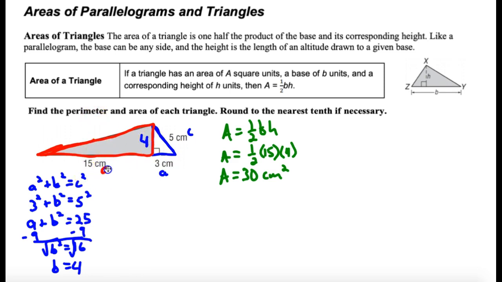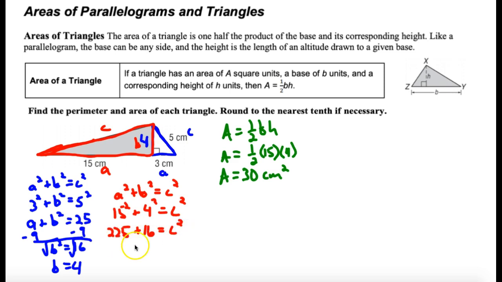So these are my A and B, I want to find C. So my setup here to find this piece will be 15 squared plus 4 squared equals C squared. So 15 squared is 225, 4 squared is 16. Add those together, I think that's 241.